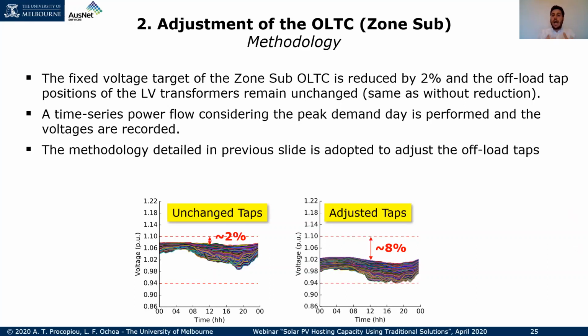Given that changing the on-load tap changer will affect all the downstream transformers that are equipped with off-load tap changers, and someone has to go manually change all these, we have to first understand the effect. We start by changing the on-load tap changer, and in this particular case, we're reducing the voltage target by 2%, and then we're running a simulation to see what the effect will be in terms of voltage level downstream. Once we know the voltage level there, we then adopt the first methodology that we explained previously, where we reduce the offload tap changers even further to create more headroom for the voltage rise.